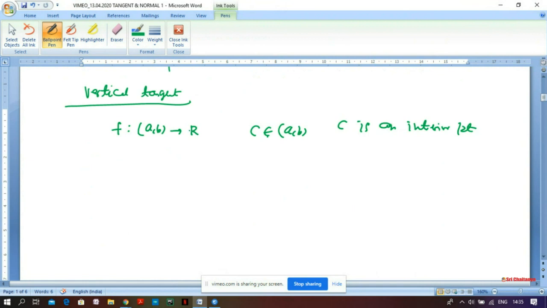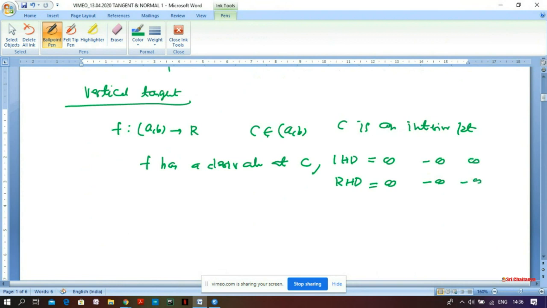Now, if f has a derivative at c, it can be either the left-hand derivative or the right-hand derivative or both. Suppose they both are infinity, or both are negative infinity, or one is infinity and the other is negative infinity.